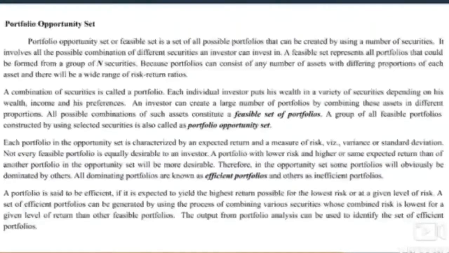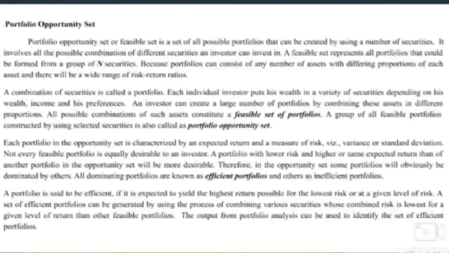So, in simple words, suppose there are two portfolios, and portfolio A's risk is 10 and return is 20, and portfolio B's risk is 20 and the return is 20. So, at a risk level of 10, we are able to get 20 return.